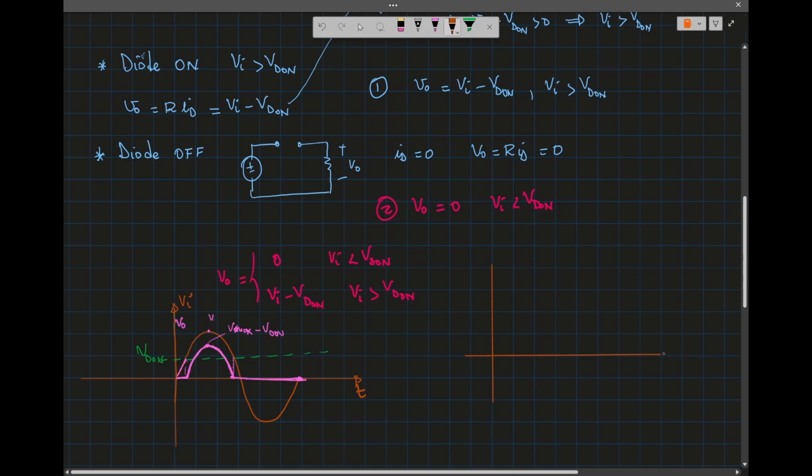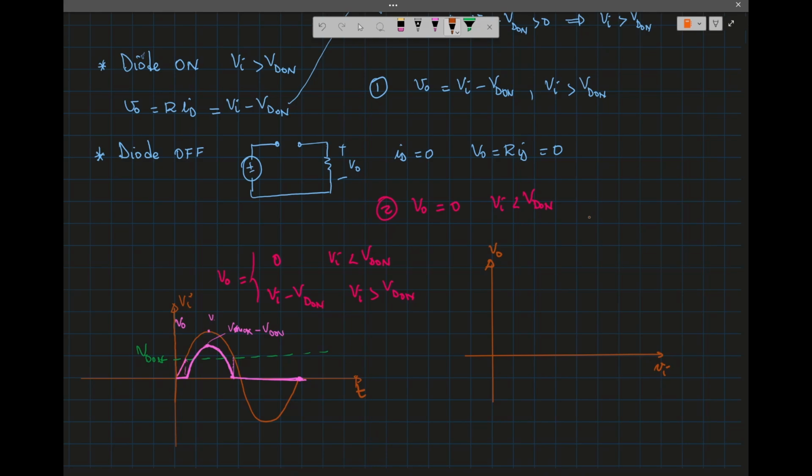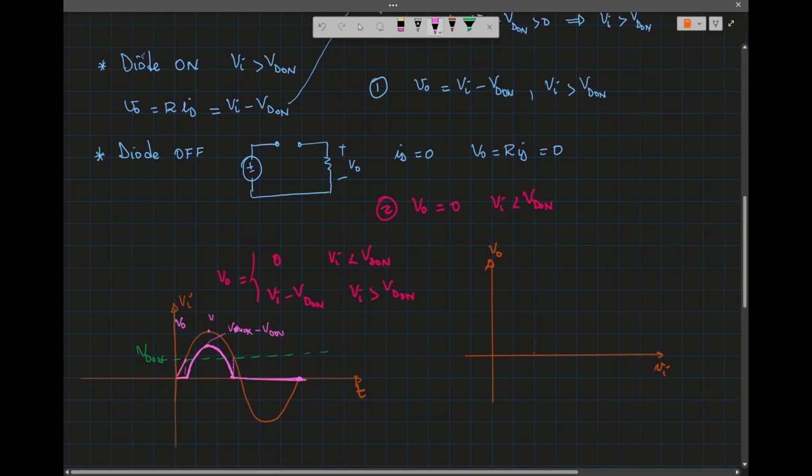So I'll put the input voltage VI here, and then I'll put VL here. So we know that V out is 0 up to VD on.